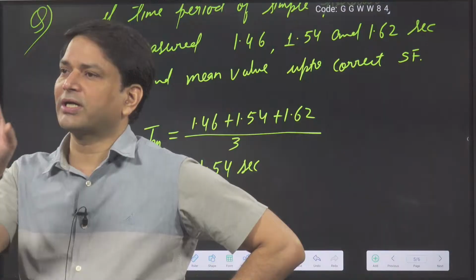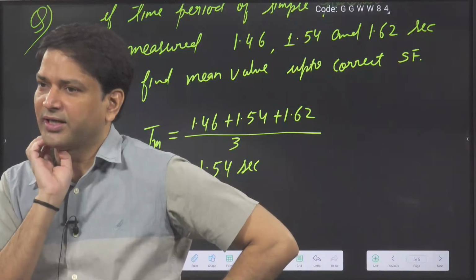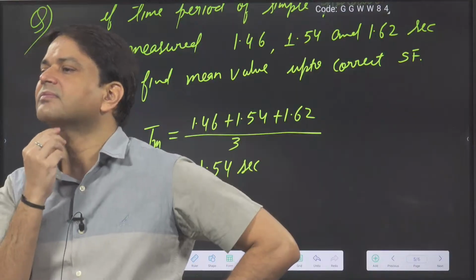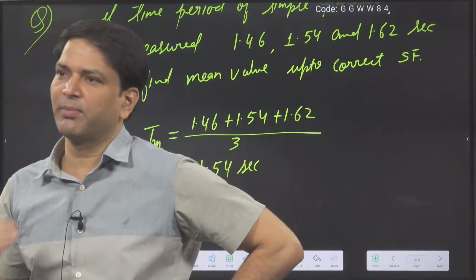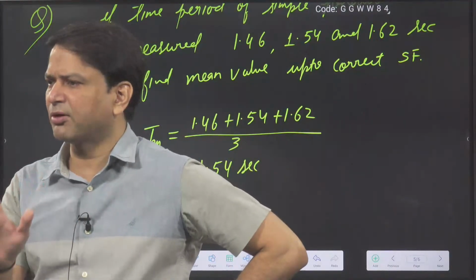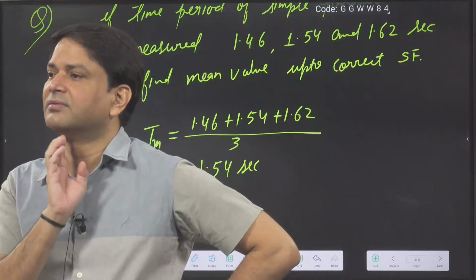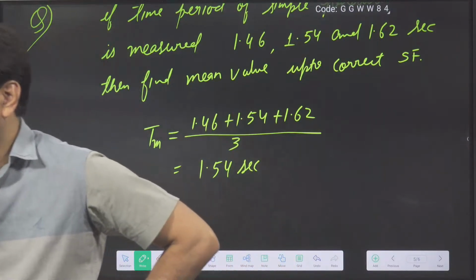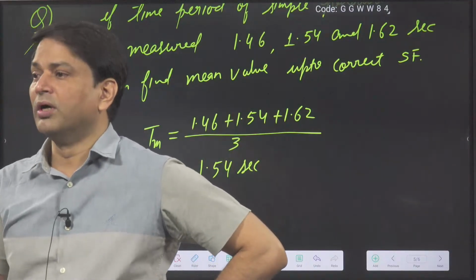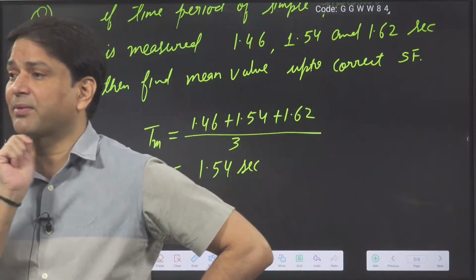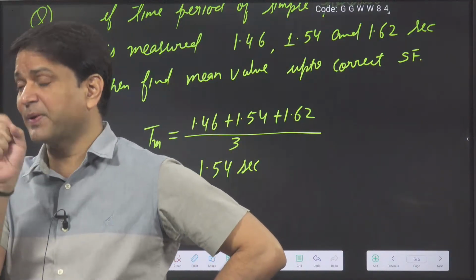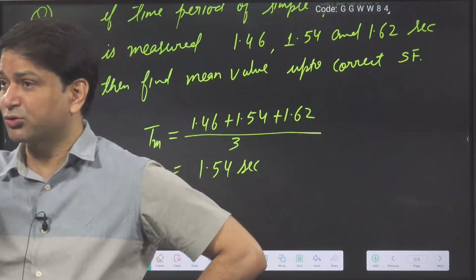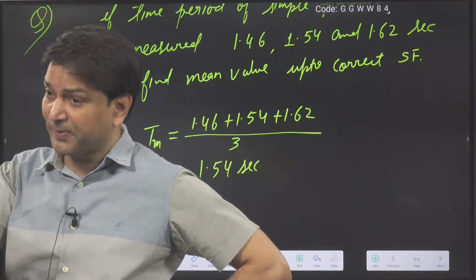Same simple pendulum, I am measuring the time period. Is the decimal first place certain? Yes or no? If you see the decimal first place, no. In the first measurement it is 4, in the second measurement it is 5, and in the third measurement it is 6. It means the decimal first place is not certain.